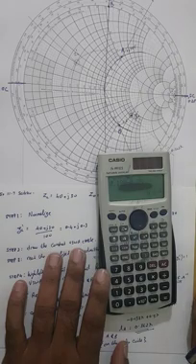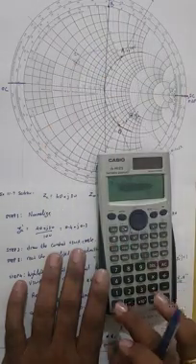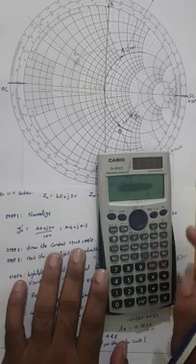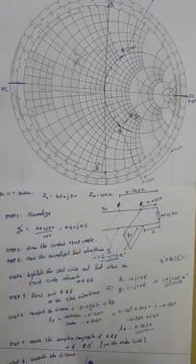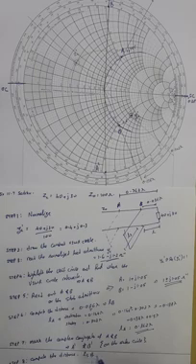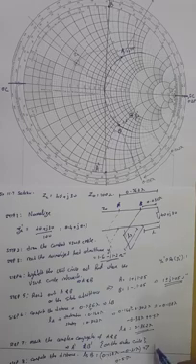Now since I do have a negative value, I have to add 0.5 lambda, which turns out to be 0.378 lambda. So the length of stub at point B is 0.128 lambda minus 0.25 lambda, added with 0.5 lambda, which turns out to be 0.378 lambda.